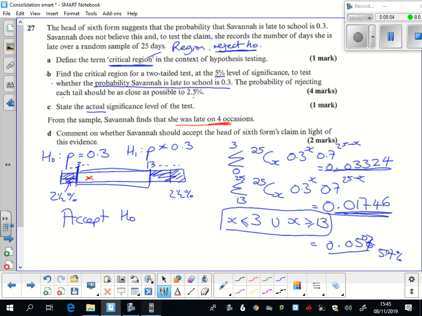It actually seems like the head was right, but I'm going to say there's not enough evidence to reject head's claim. That would be my conclusion, that she's going to have to accept what he says.